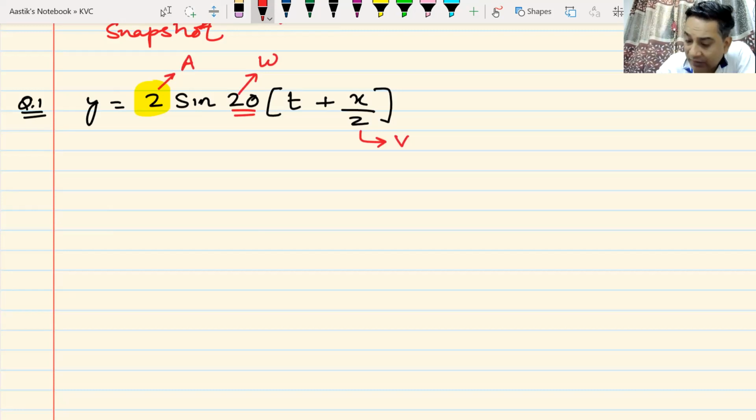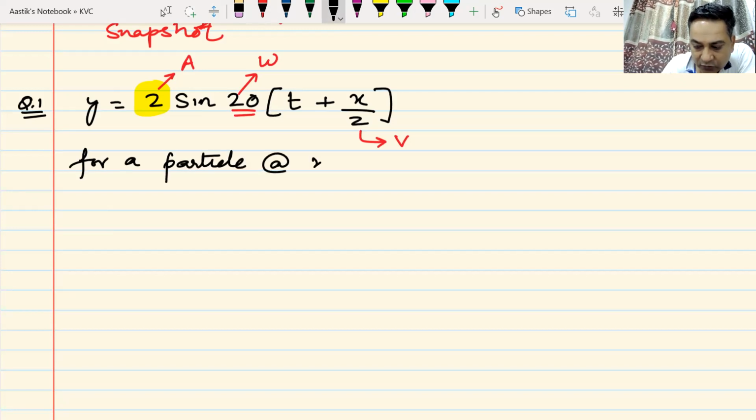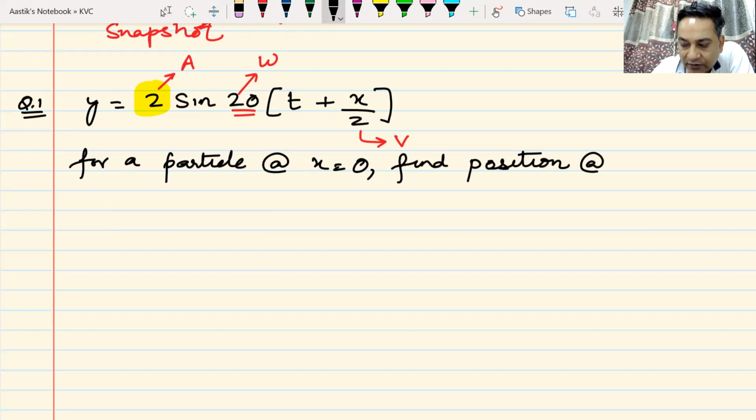Now, if I ask you a question for a particle at x is equal to 0, find the position at t is equal to 0 and t is equal to 1 seconds.